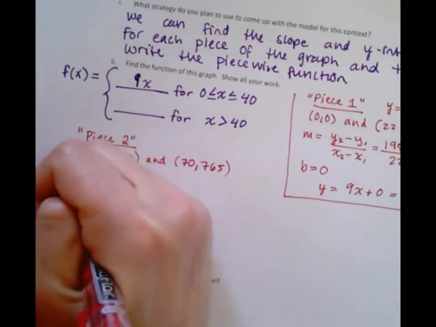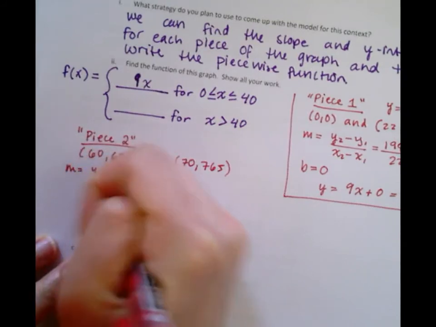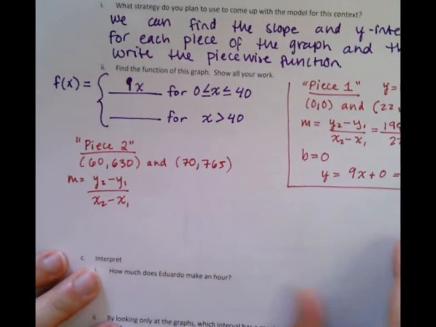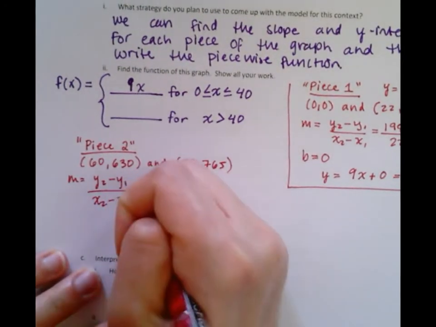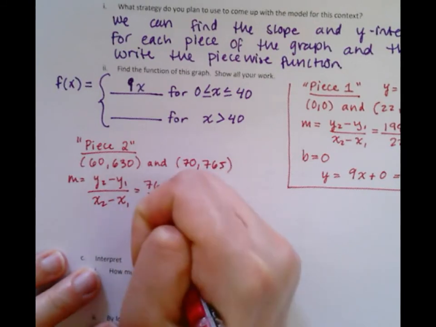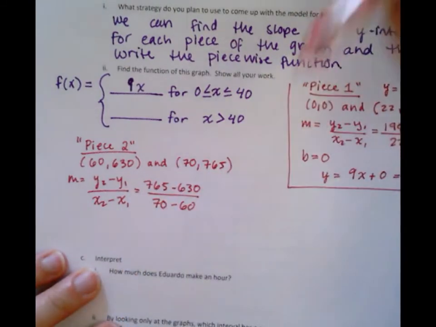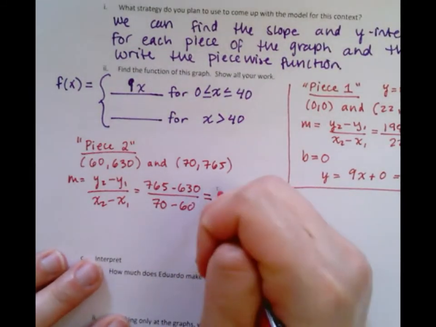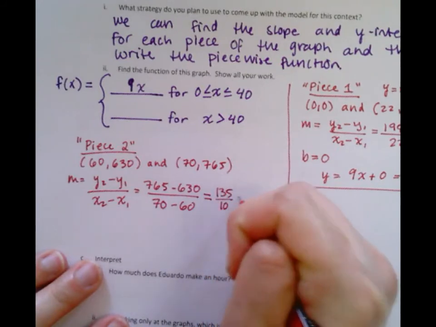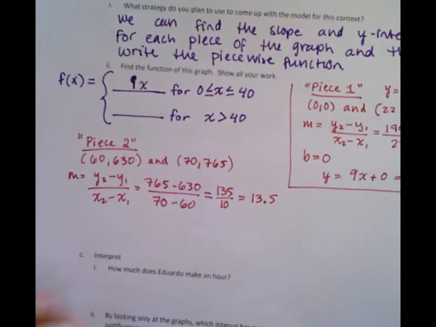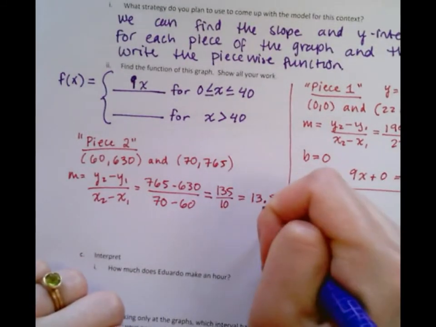So again, I'm going to do y2 minus y1 over x2 minus x1. That's going to give me 765 minus 630 over 70 minus 60, and that's 135 over 10. So we're going to get 13.5, and that's going to be m for the second piece.